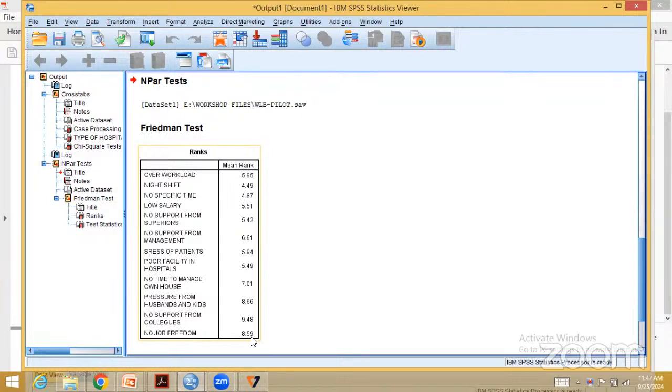Here, there is no conversion of rank into score. We simply ask the respondent to put the preferences in the form of rank. When I give a first rank to a variable, it should have the lowest mean.